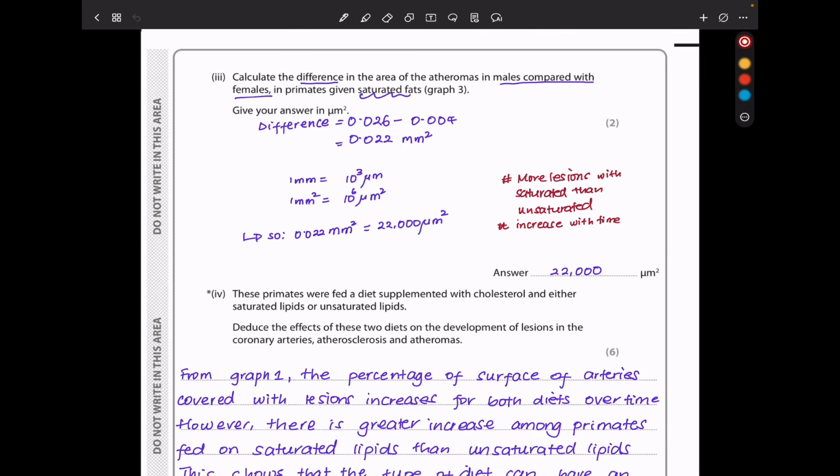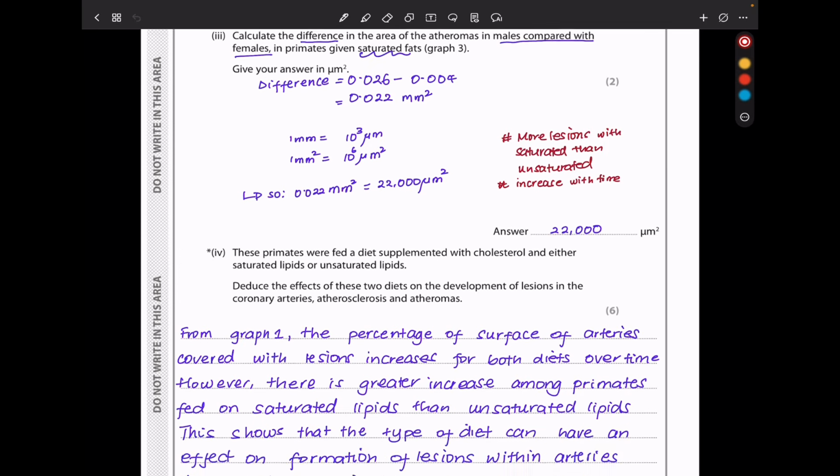I need the answer in micrometer squared, so 1 millimeter is 10 power 3 micrometer, and 1 millimeter squared is going to be 10 power 6 micrometer squared. So this in millimeter squared, we'll multiply that times 10 power 6, giving us 22,000 micrometer squared as the answer here.